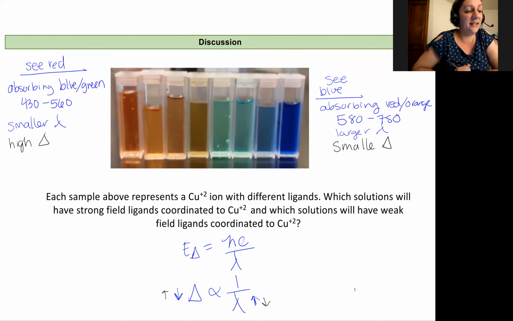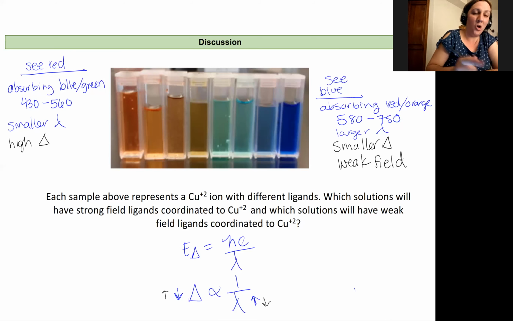That's now going to help me move on to which is weak and strong. I know my weak field ligands are going to produce a smaller difference in energy. And so I'm going to have a weak field ligand over here when I see blue. And I know my strong field ligands create a larger split in my energy levels. And so I'm going to have strong field ligands when I see red.